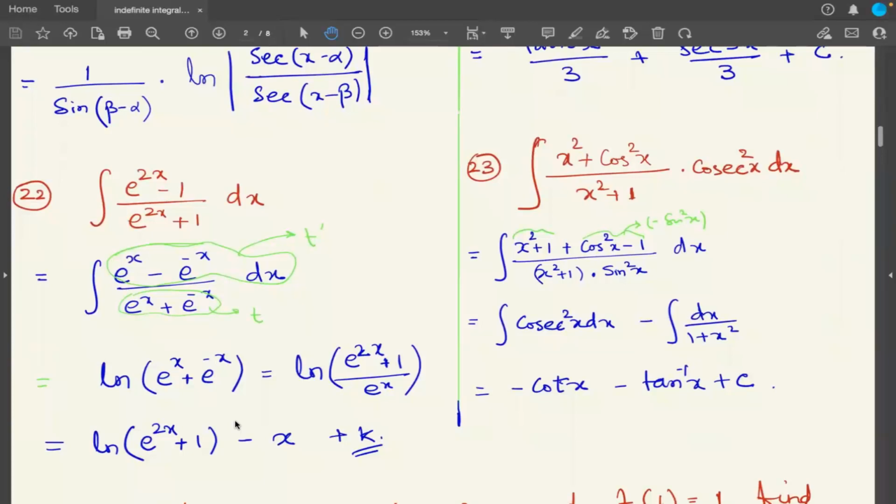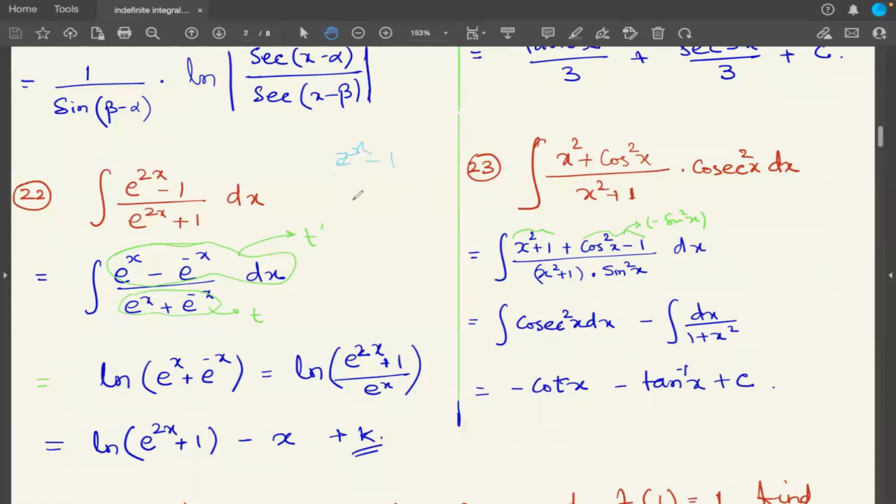Whenever we see something like e to the power 2x minus 1, we try to write it in another form. How can we write this?